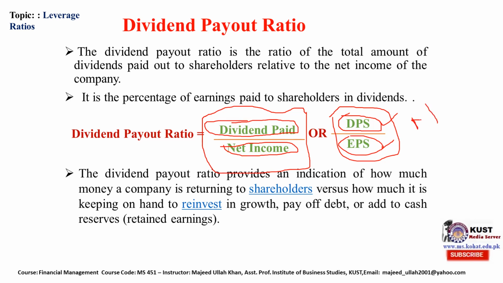Let's suppose this net income can be consumed in three ways: dividend to the shareholders, secondly for growth purposes, or third to keep it as reserves. So dividend payout ratio indicates how much, in percentage, the net income is returning to the shareholders.